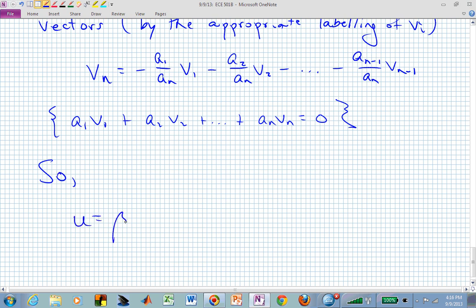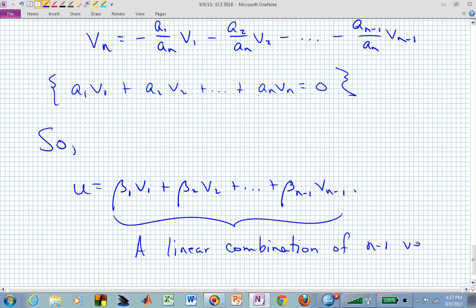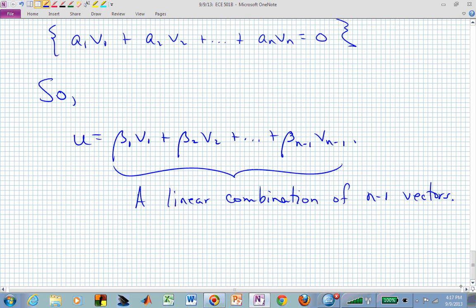So u is now some beta 1 v1 plus beta 2 v2 plus, let's say, beta sub n minus 1 v sub n minus 1. And this is one fewer of the vectors that we started with.